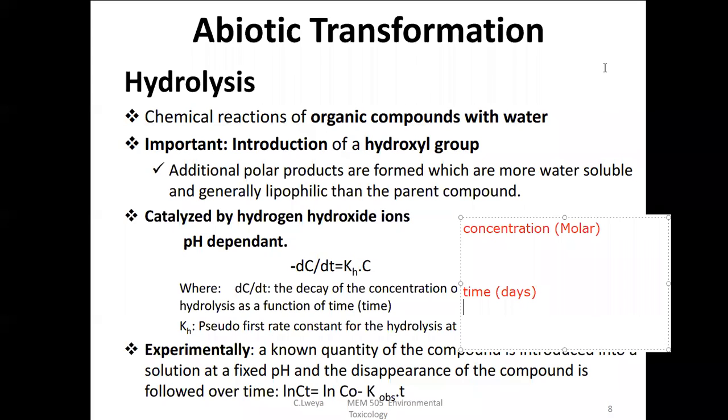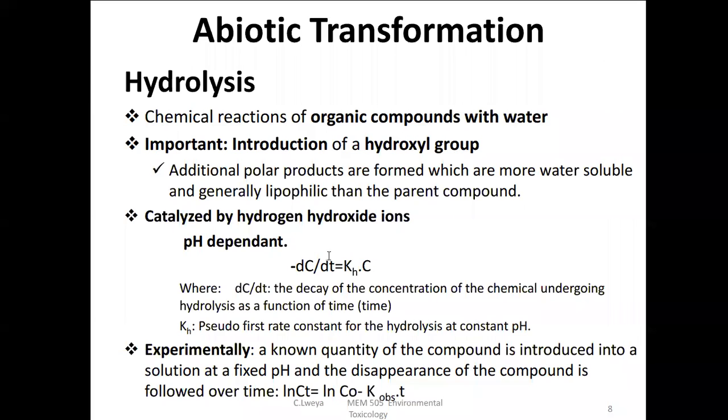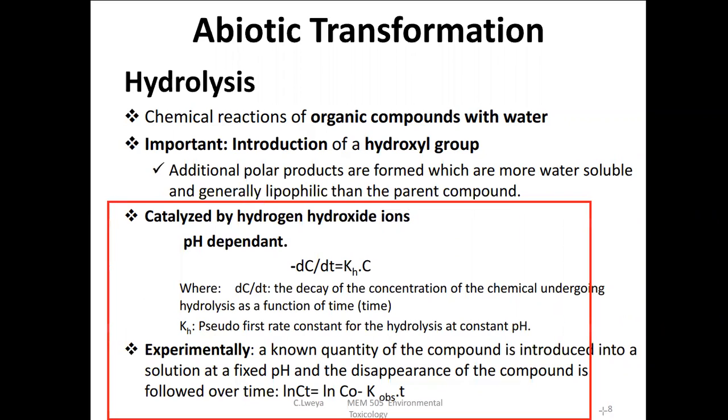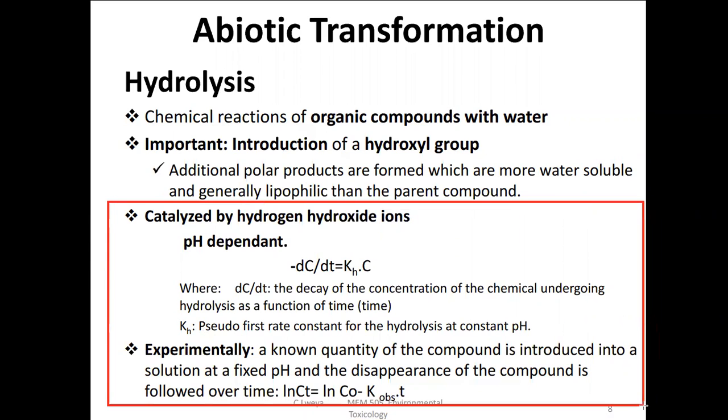Now, why are we saying this? The reason is this. There is this point which is talked about, a little bit of calculus, but I wanted to bring it out in that way so that we understand. The reaction catalyzed by hydroxide ion, just concentrate on this part here. When they say dC over dt, that is the point I was trying to emphasize.